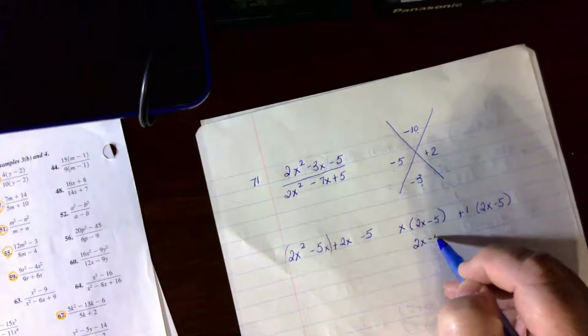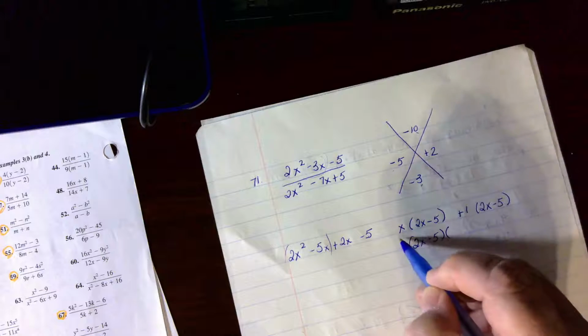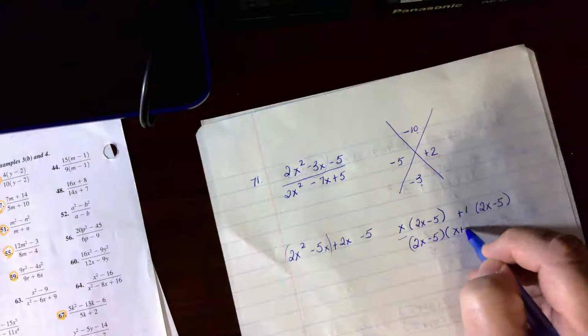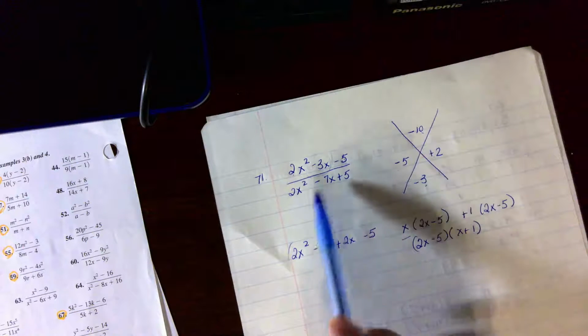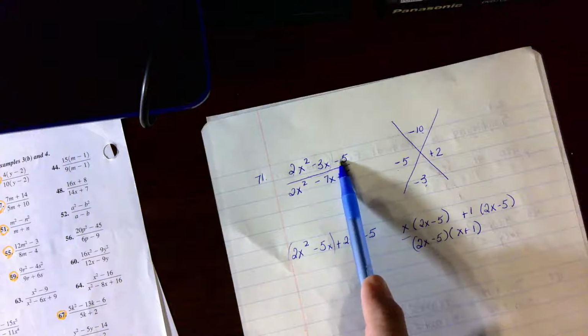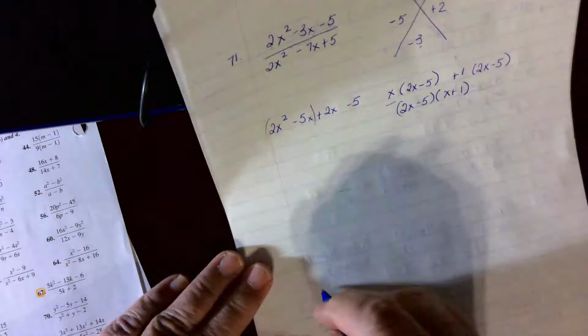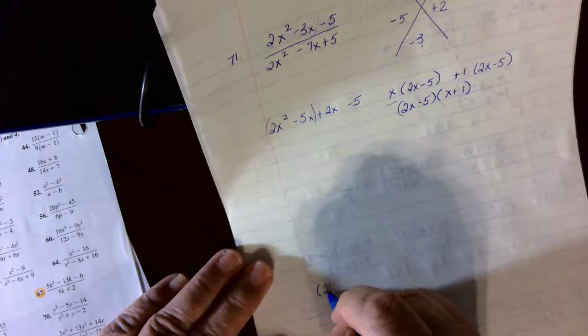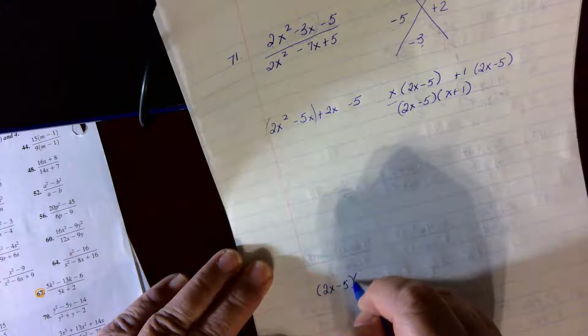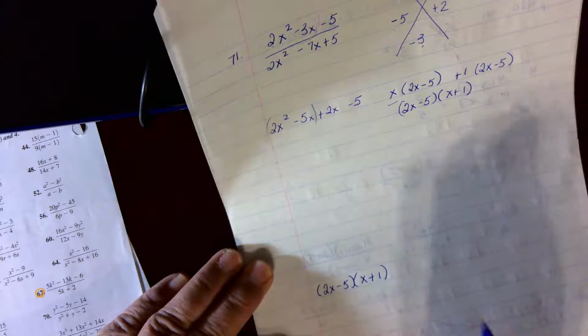So then I factor out the 2x minus 5, and I'm left with an x plus 1. So this numerator, it took me all of this to figure it out, but I'm going to write it down here at the bottom in factored form: 2x minus 5 times x plus 1. That's my numerator.